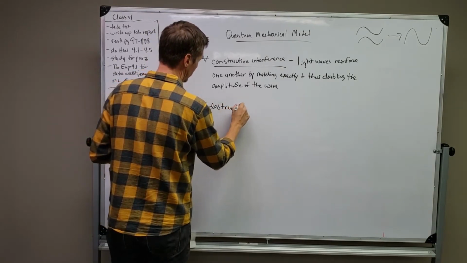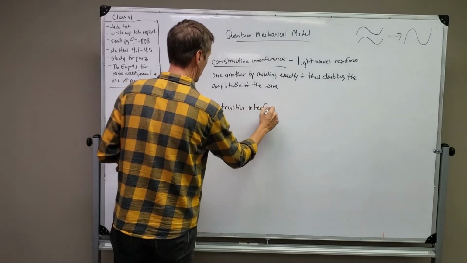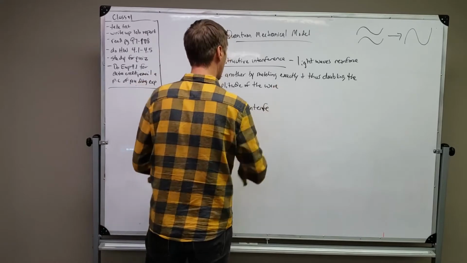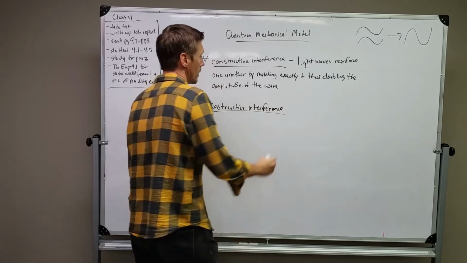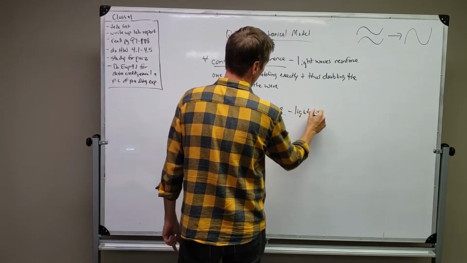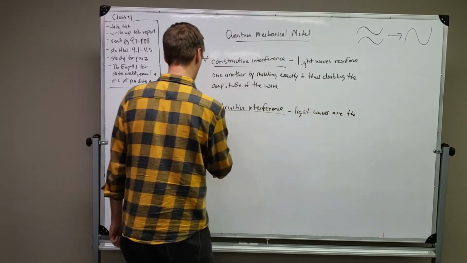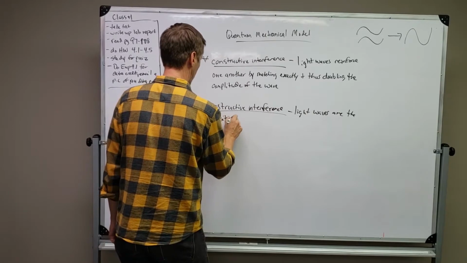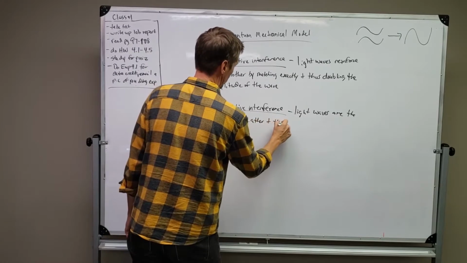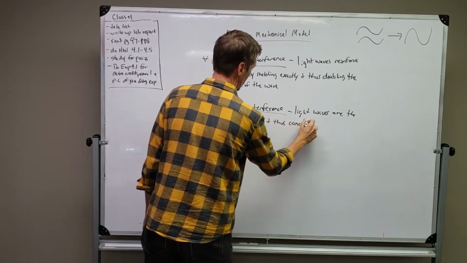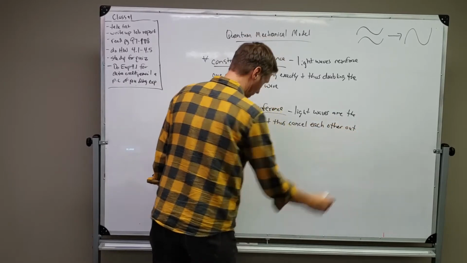Destructive interference is when light waves are the opposite of one another and thus cancel each other out.